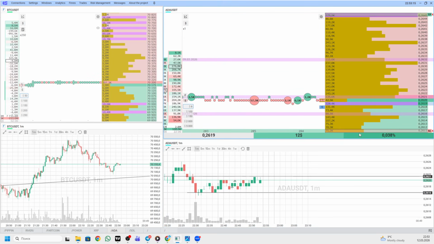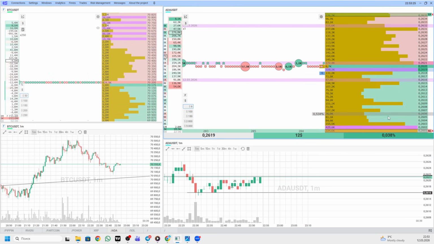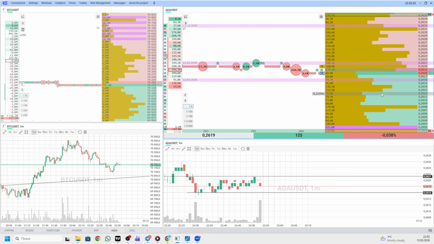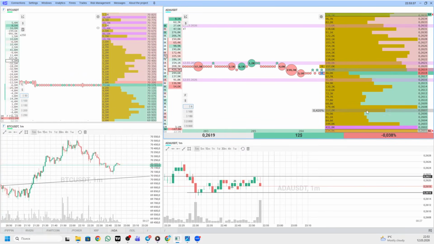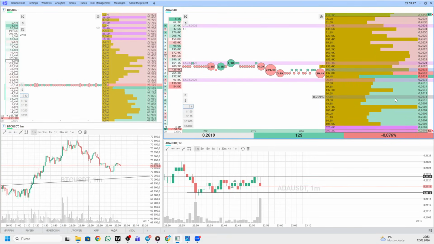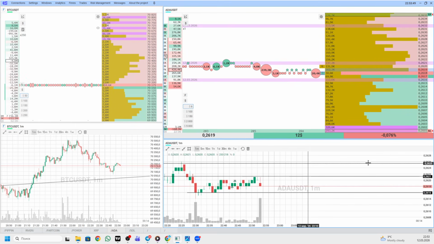So, okay, let's imagine that, because we will wait for a long time, actually, let's imagine that here it's already plus 0.4. I want to fix one part of the position. Okay, how do we do that? You move your mouse over the green area and you press right button. Okay, let's wait a little bit.